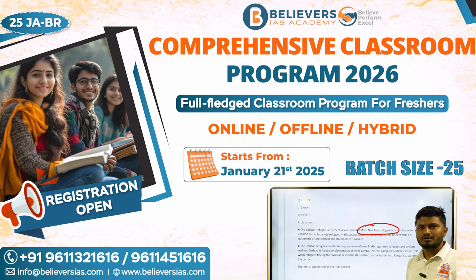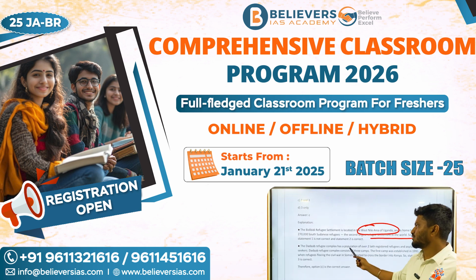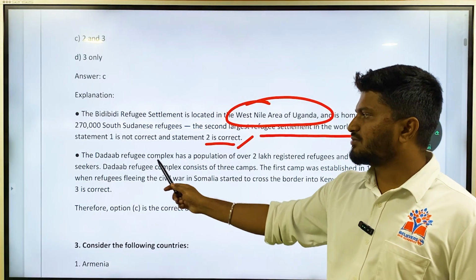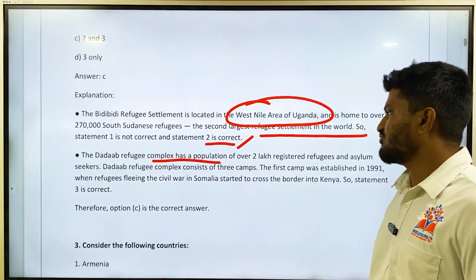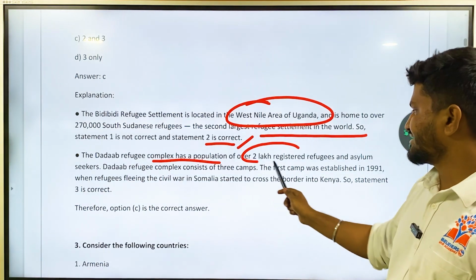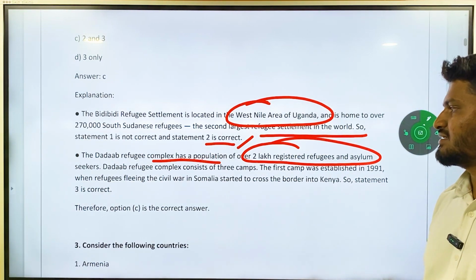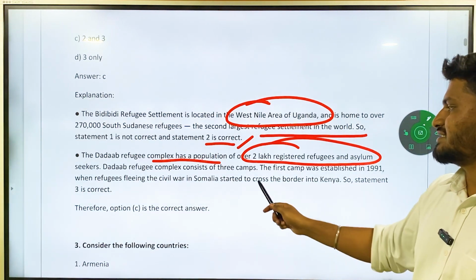Sudan and South Sudan have gone through a civil war crisis, and as a result there are lots of refugees. This is the second largest refugee settlement in the world. So statement 1 is not correct and statement 2 is correct. Then the Dadaab refugee complex has a population of over 2 lakh registered refugees and asylum seekers. It consists of 3 camps.